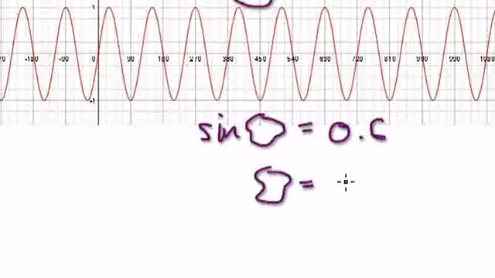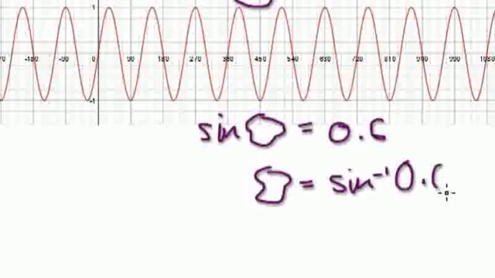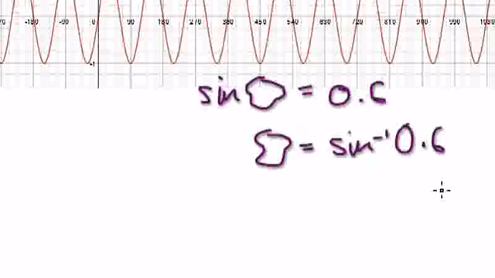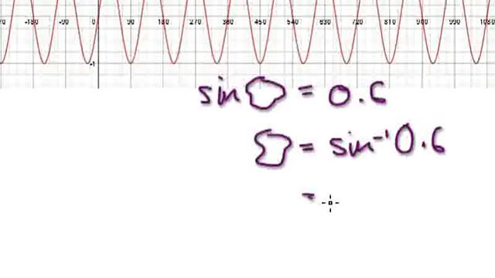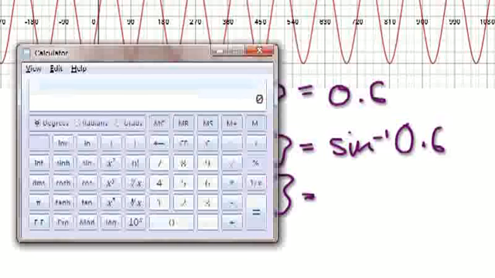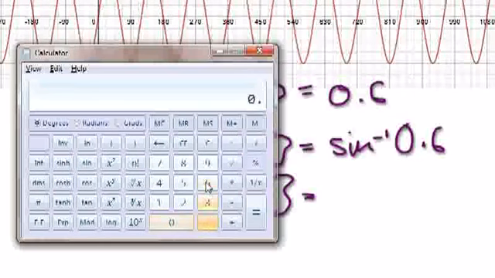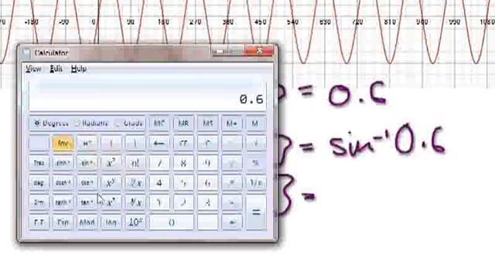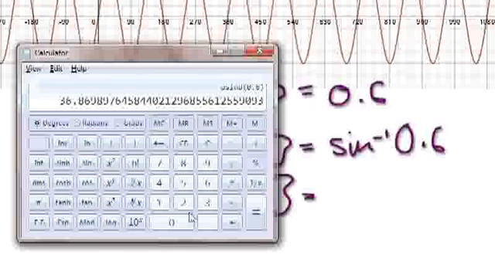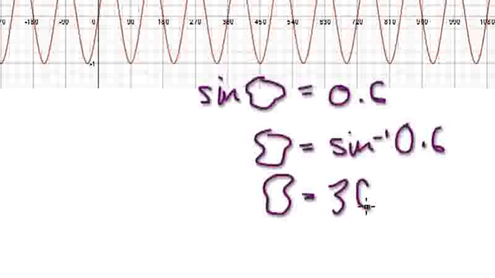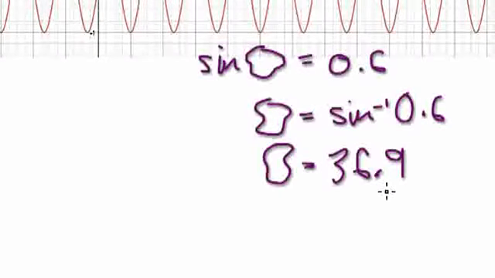So bubble equals inverse sine of 0.6. Now jump to your calculator, punch in 0.6, and then inverse sine equals this. Let's round off to 36.9. So now bubble equals 36.9.